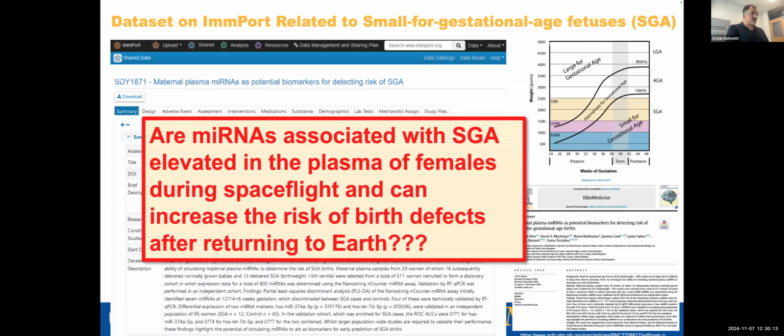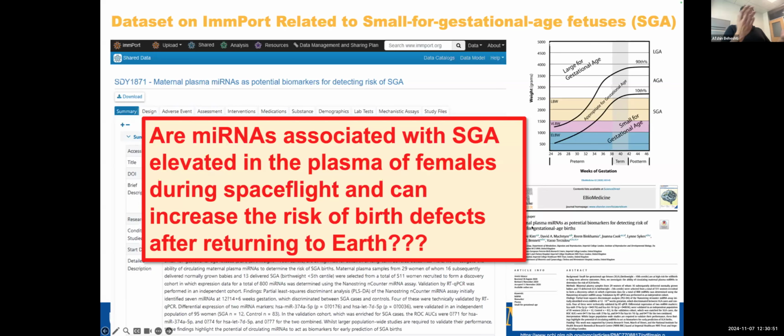So then the question I would pose is, and remember I said, or maybe I didn't say, that the female reproductive system has not been as well researched in space research. There have been some great groups and people working on it, but it hasn't been as researched as the more common diseases and health risks, like cardiovascular disease or cancer risk. So the question I asked is, are the microRNAs associated with SGA that we see in this paper, and the data I'm going to pull out from this paper, increased in spaceflight?